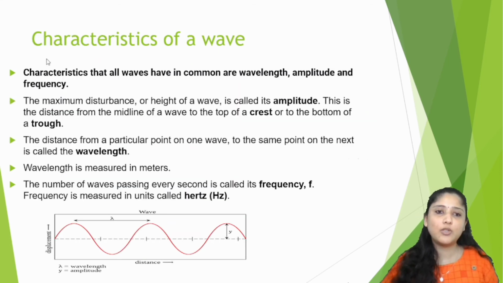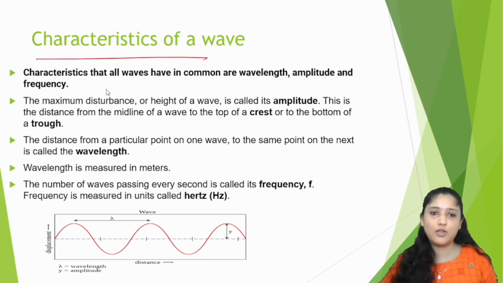Next, let's study the characteristics of a wave. The characteristics that all waves have in common are wavelength, amplitude and frequency. These are the characteristics of a wave. What is a wave? It is a form of energy. The maximum disturbance or the height of a wave is called what?